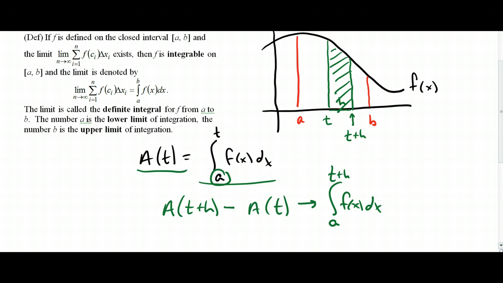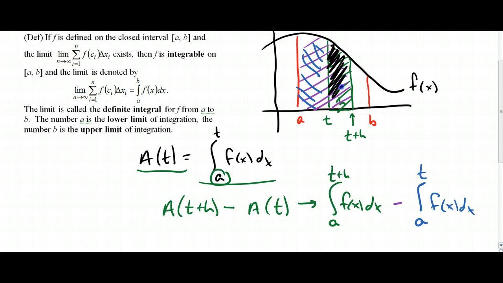And let's say that that is the region in purple. And we'll subtract off the integral from a to t of f of x dx. And if we subtract off this region in blue, my picture's getting a little bit jumbled up here, but we are going to be left with what's in between.